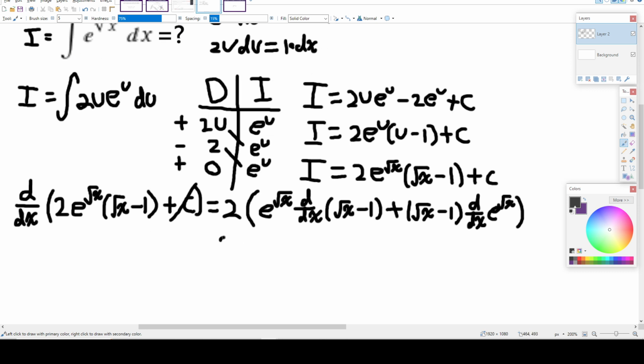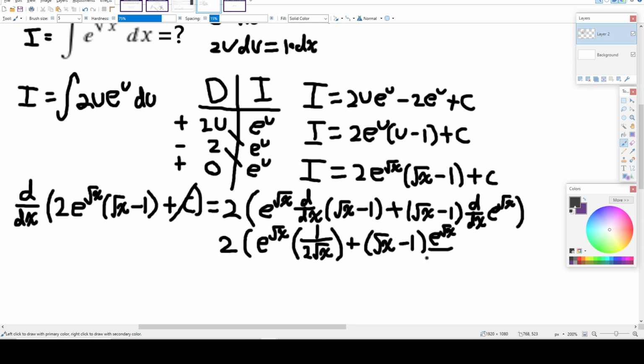Now this becomes 2 times e to the square root x times 1 over 2 square root x. We're going to add that to (square root of x minus 1) times e to the square root of x over 2 square root x.